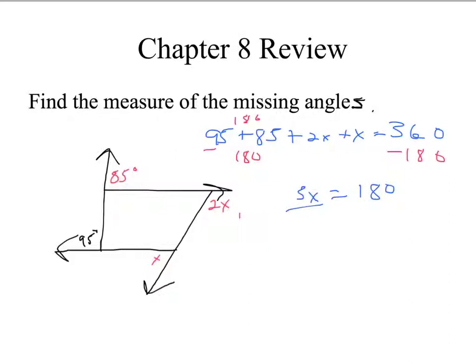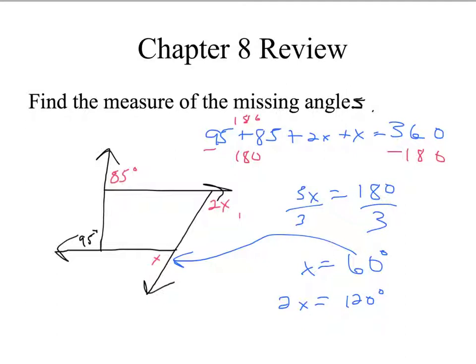Once we divide here by 3, we get x is equal to 60. So because x is equal to 60 degrees, don't forget your labels. However, we also have an angle that's 2x. Well, if x equals 60, 2x equals 120, and that's going to be this angle right here.